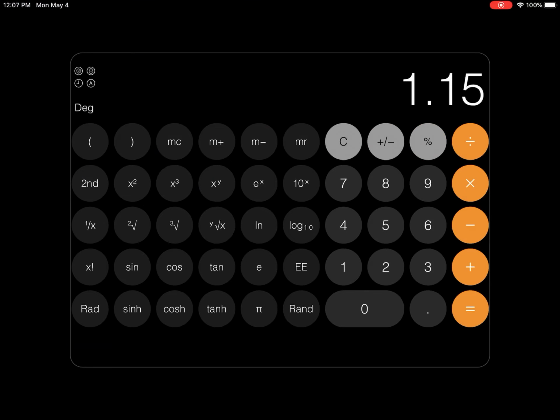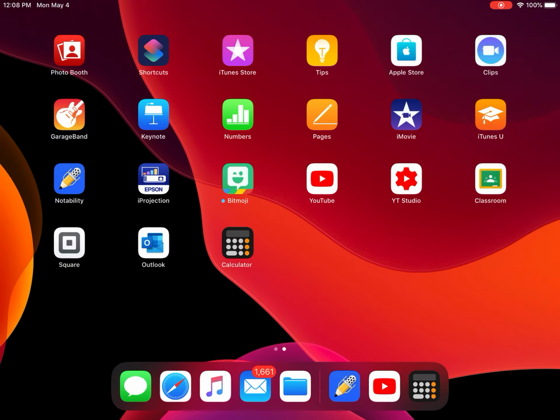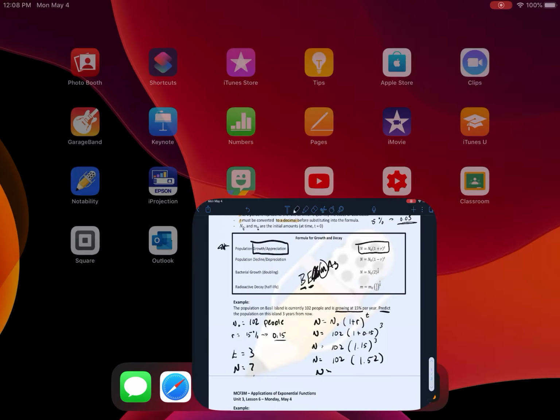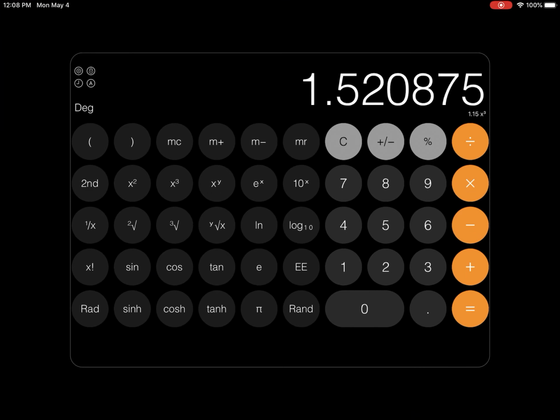So what I need to figure out is I got to go back to my calculator here, okay? And I need to do 1.15 because that's the 15% added to the original. That needs to go to the exponent cubed. So this guy right here, 1.52, we'll call it, okay? So let's go back to here. So it's 102 multiplied by 1.52, okay?